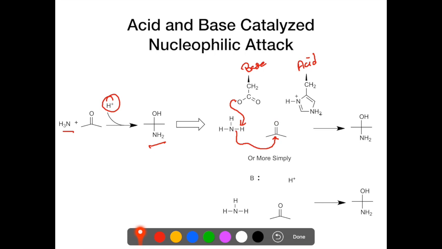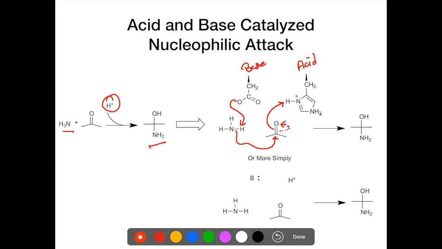And so what I can do now is take this pair of electrons here and pick up the proton. Now what's really happening is, for a moment in time, the electron pair is going to sit onto the oxygen. Since the oxygen is electronegative, it's fine.